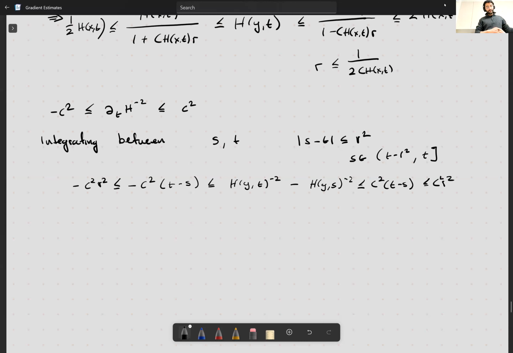And then just as before, if we just rearrange this, then I know that h(y,s) to the minus 2 is less than or equal to h(y,t) divided by the square root of 1 minus c squared h(y,t) r squared.